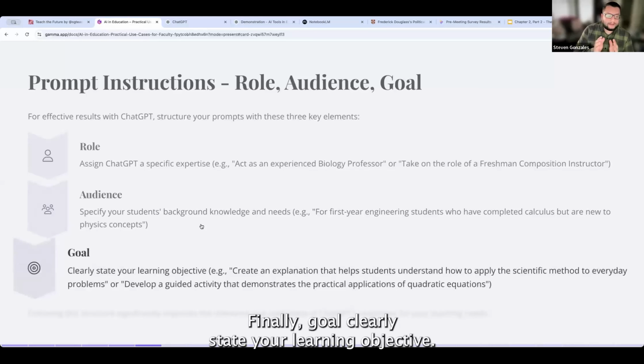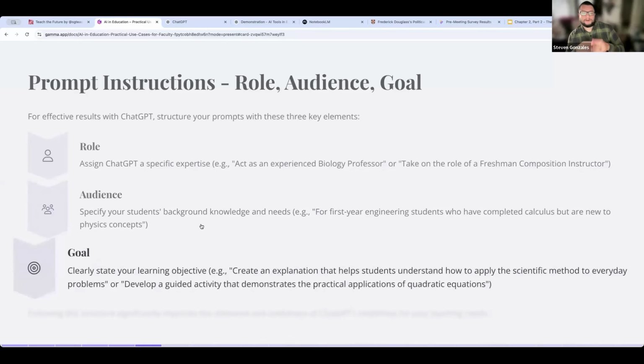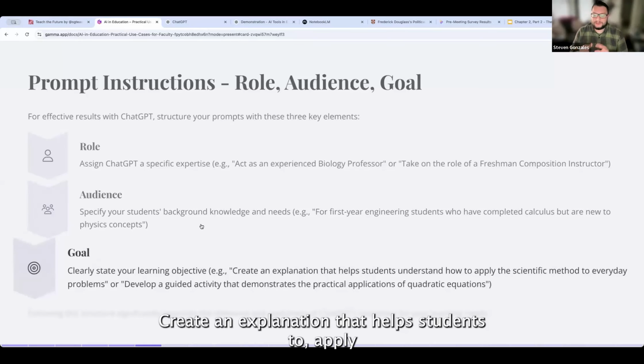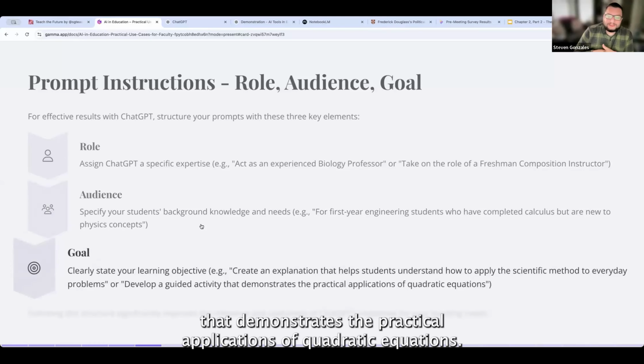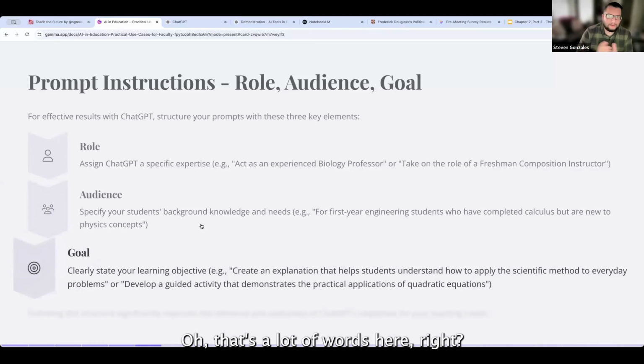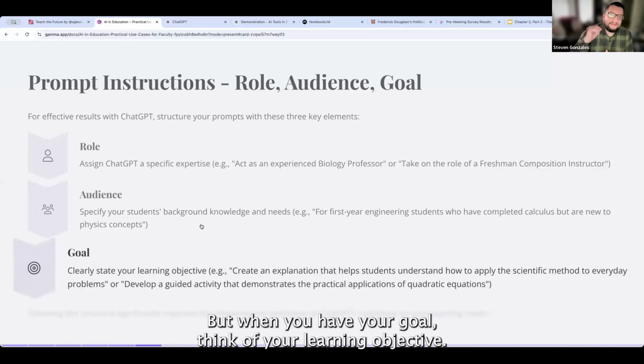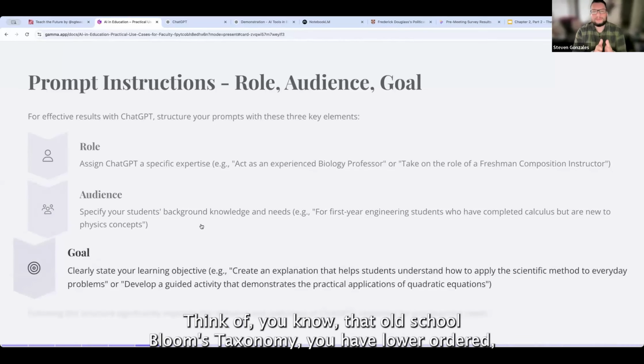Finally, goal. Clearly state your learning objective. Create an explanation that helps students to apply the scientific method to everyday problems, or develop a guided activity that demonstrates the practical applications of quadratic equations. Ooh, that's a lot of words here, right? But when you have your goal, think of your learning objective. Think of that old school Bloom's taxonomy.